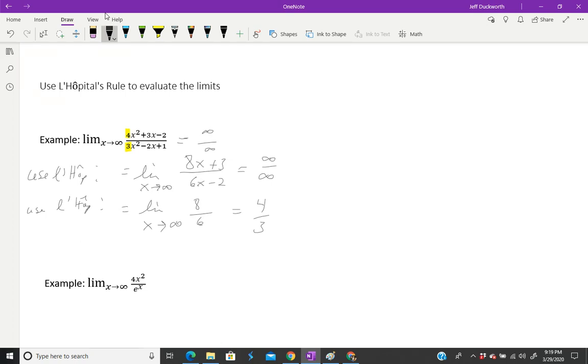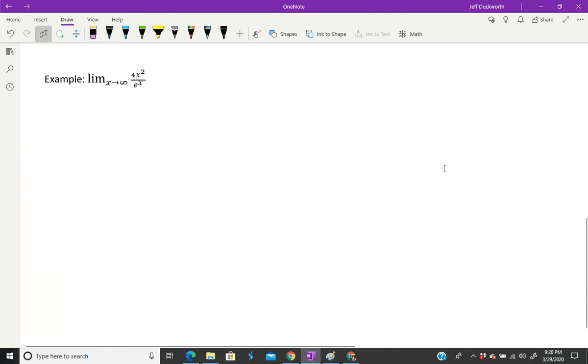So that was a case where we had one that we've done before. Let me scroll down and let's do another one. All right, so here, this isn't one we've done in class, but we'll take this limit now.